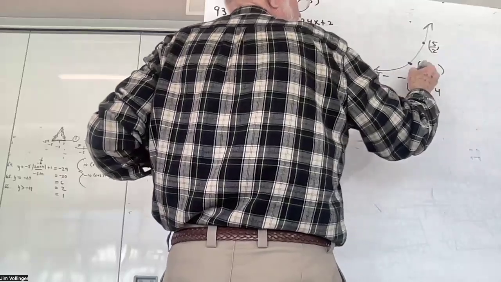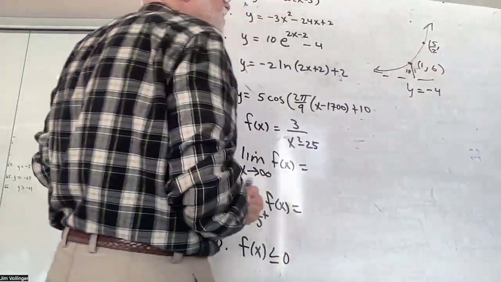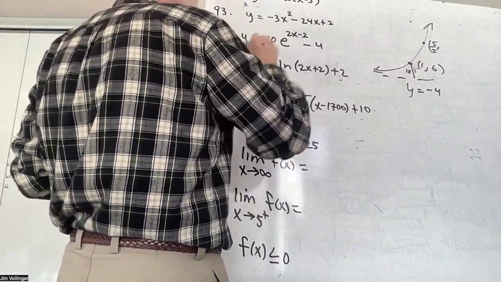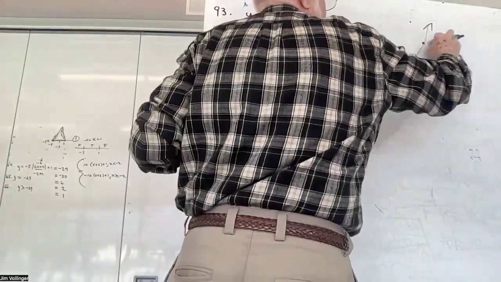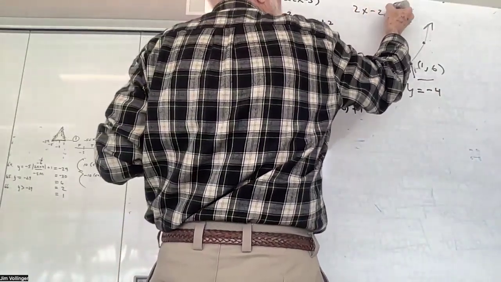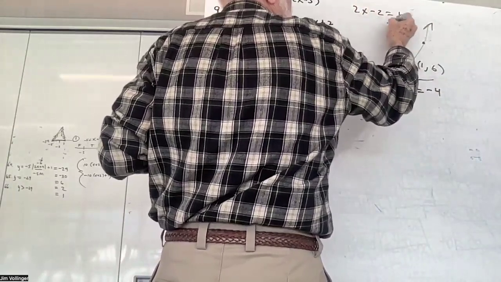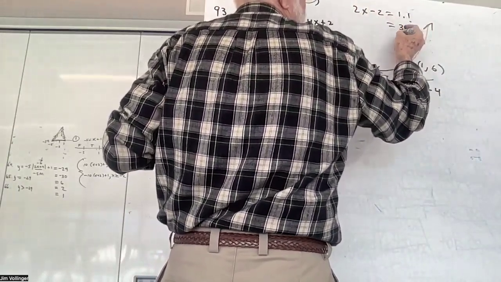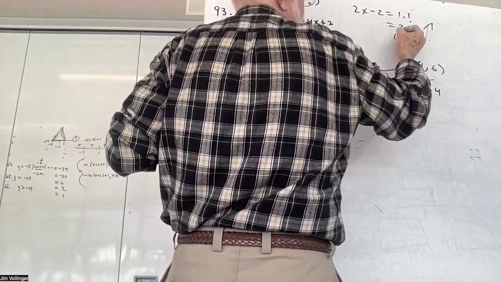And that jump of 10 is now going to become a jump of 30. Oh no, I want this thing to equal 1.1. I just butchered that comment. So when does 2x minus 2 equal 1.1? Well, that's 3.1 divided by 2, which is 15.5, I think, 5.5.